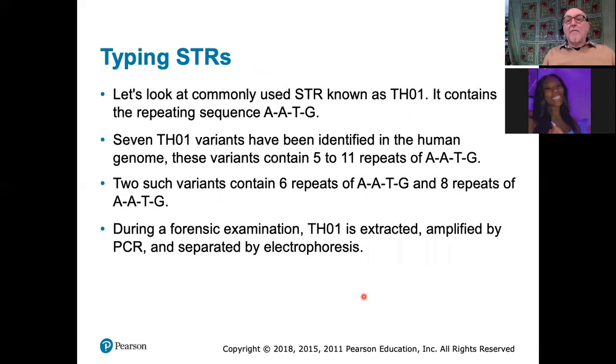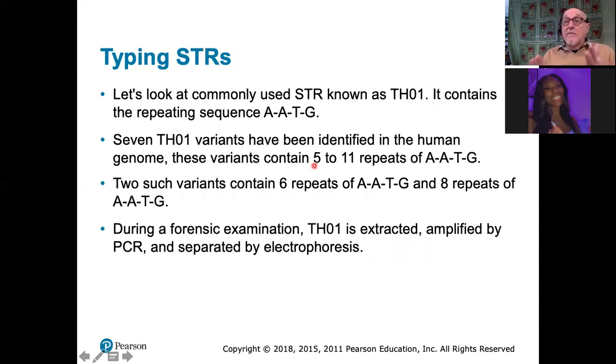Okay, so let's have a look at a real STR site, and this one is called TH01, and I always call it 41, but I don't know if anybody else does. So it's an area with short tandem repeats in it, and the repeat is AATG, just 4 bases.